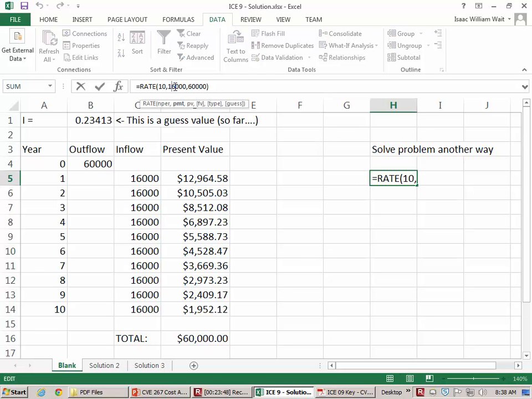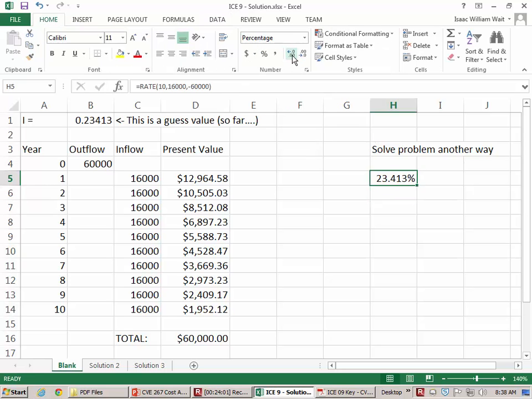That's because it needs to have one of the cash flows be an inflow and one be an outflow. So the outflow was 60,000. We'll put the negative value there. Hopefully now, 23%. What about some precision? All right, so equals rate. And that saves us a lot of extra trouble if we can just do the whole thing in one function there. Now remember, I've recorded all of this, and so if there's some little trick you didn't see because I did it too quickly, you can just watch the video later on.